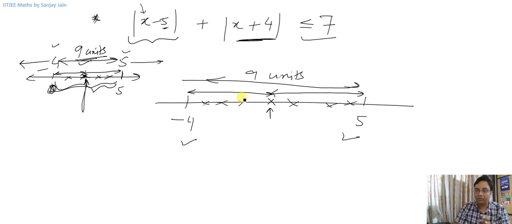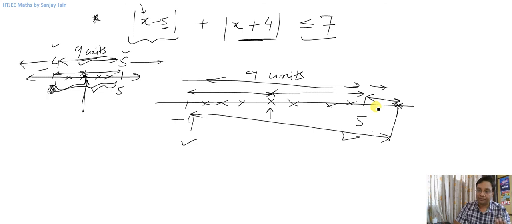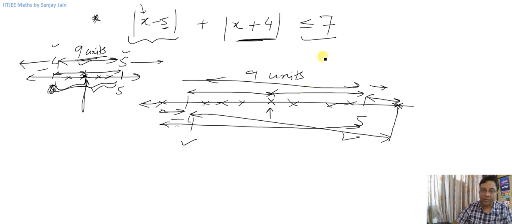You can check it yourself. Okay, if I go beyond 5, let us say I go here, the distance of this number from negative 4 is already more than 9 units, and you have to add this distance also. So the sum is more than 9 units. And similar logic can be given for any number below negative 4, because the sum of distances will become more than 9 units here also, right?